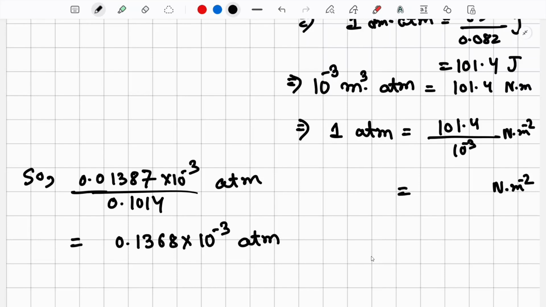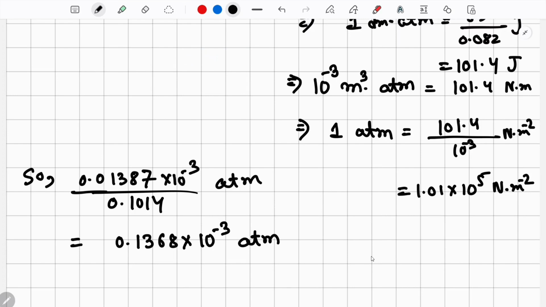The 10 to the power minus 3 part is not there. Minus 3 is in the denominator, so it will be 10 to the power 3.